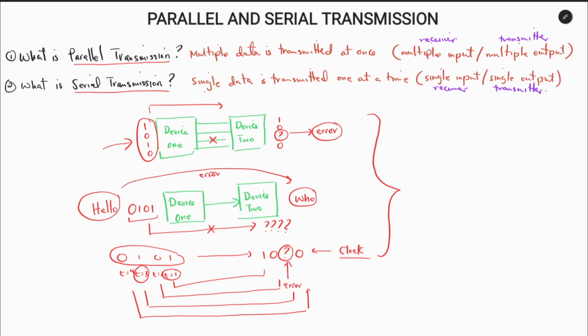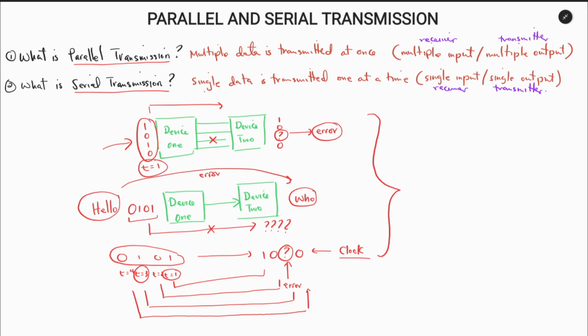In a parallel transmission, a clock is not necessarily required. However, all the cables must be properly wired so that at time t equals 1, we can have all the data available at the receiving end.